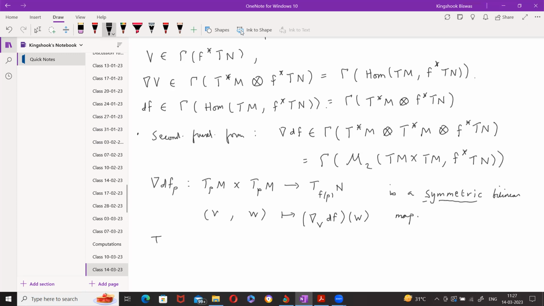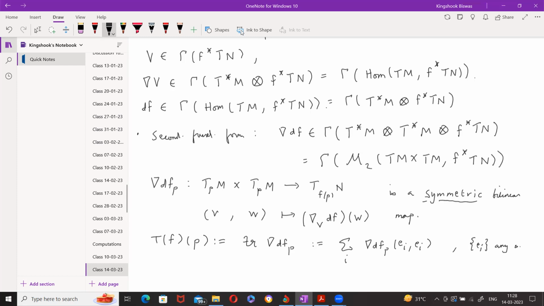So this defined for us the tension field tau f at a point P. This was defined to be the trace of nabla df at P. And this trace for a symmetric bilinear map taking values in a vector space is defined as the sum over any orthonormal basis e_i of the symmetric bilinear map applied to e_i, e_i.